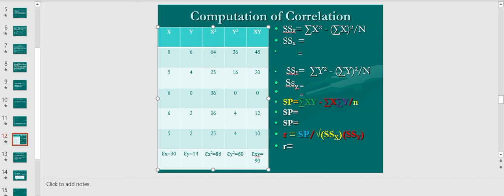Okay, we put all these values in these equations. Summation x square is 186.